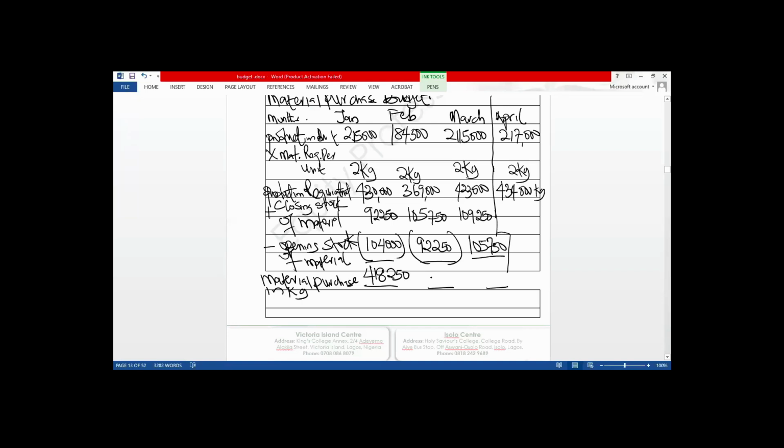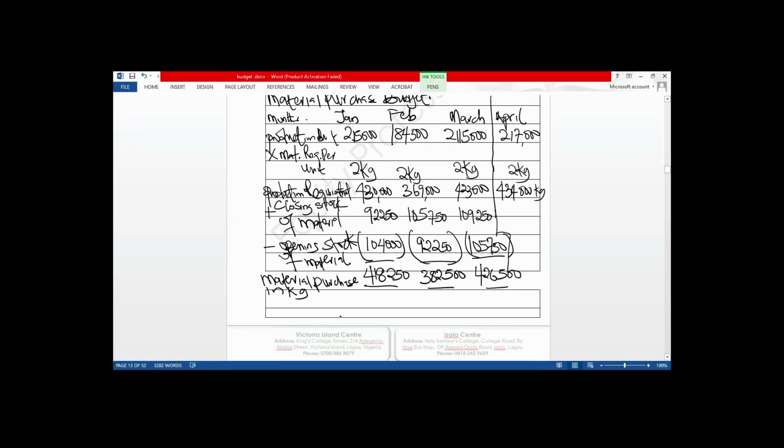Sum up, 382,500 kg. And for March, 426,500.